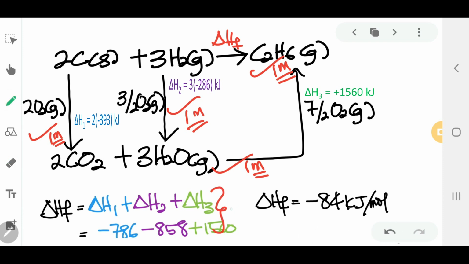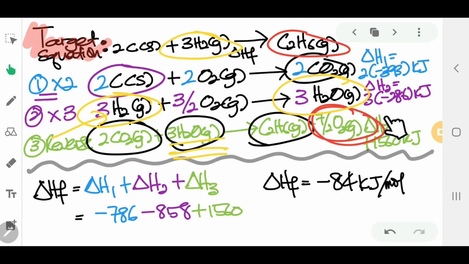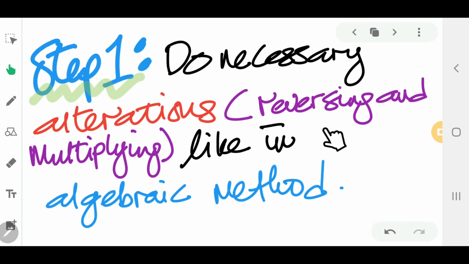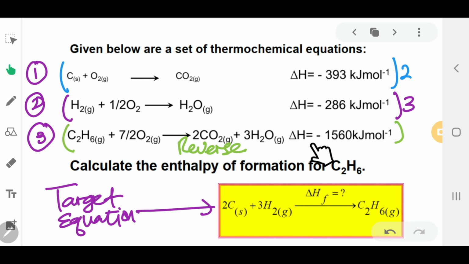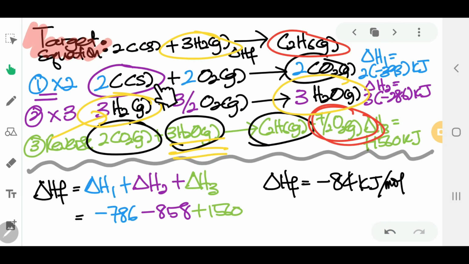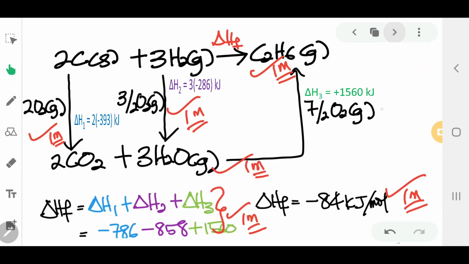So this bit, you get 1 mark, and HF, you get another 1 mark. And these are just the values that you have constructed over here. That's why it's very important for you to do the first step first. Do the necessary alteration, reversing, multiplying, just like in algebraic method, and you altered what you have over here. You get this, and from whatever you have in there, you transfer it into energy cycle method.